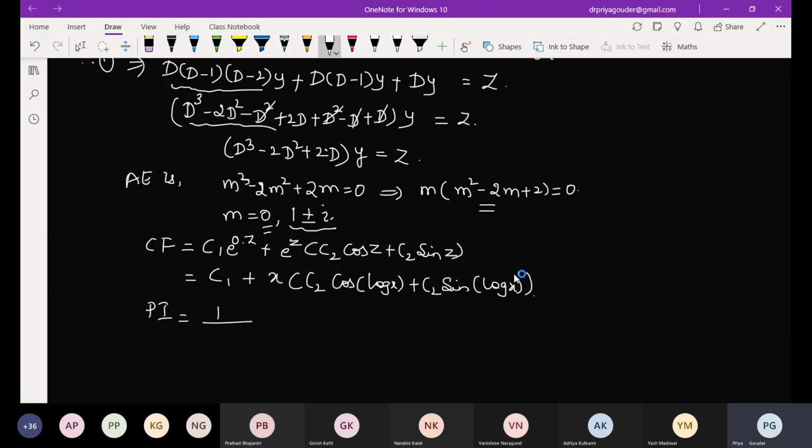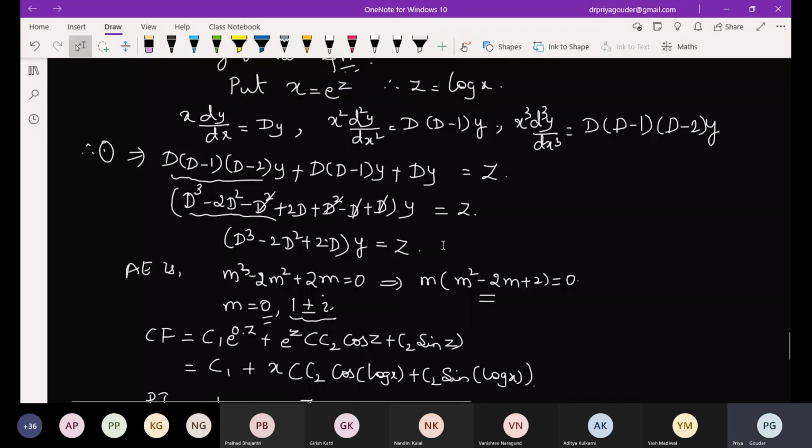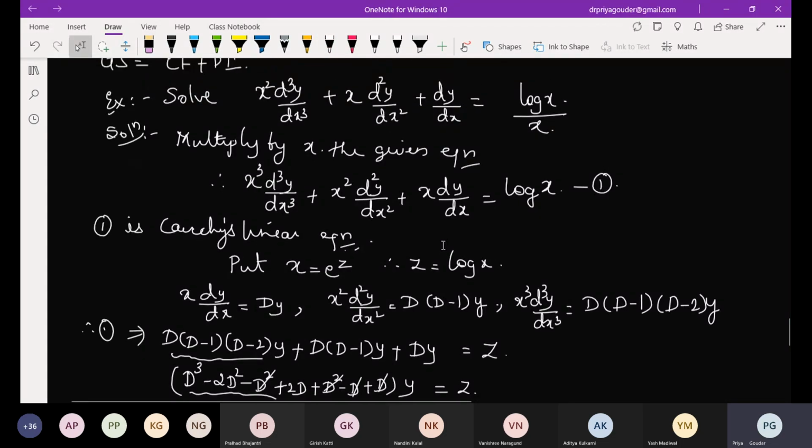Now PI. So 1 upon D cube minus 2D square plus 2D, operating on what is the RHS function here? Z. Which case does this belong to? Shall I make it Z square? Because Z is already solved. Don't worry.